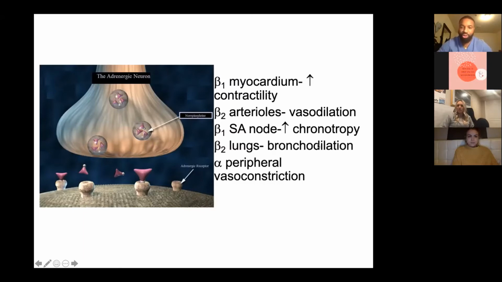You have beta 2 in the lungs, causing bronchodilation. You have alpha, causing peripheral vasoconstriction. So norepinephrine can bind to all of these for the most part, mainly beta 1 and alpha. So you're able to get the contractility, chronotropy, and the vasoconstriction. That's basically what these neurotransmitters do.